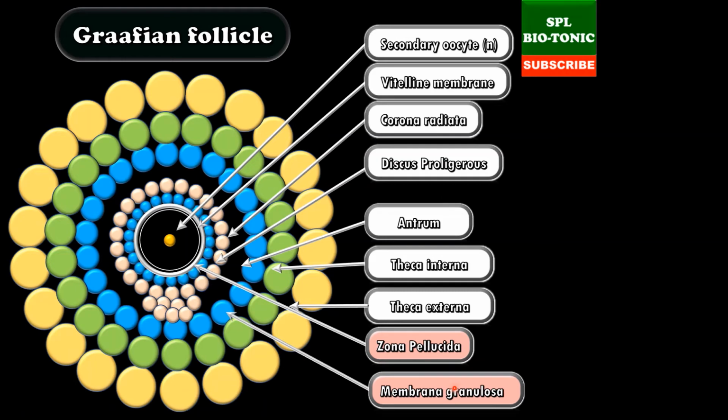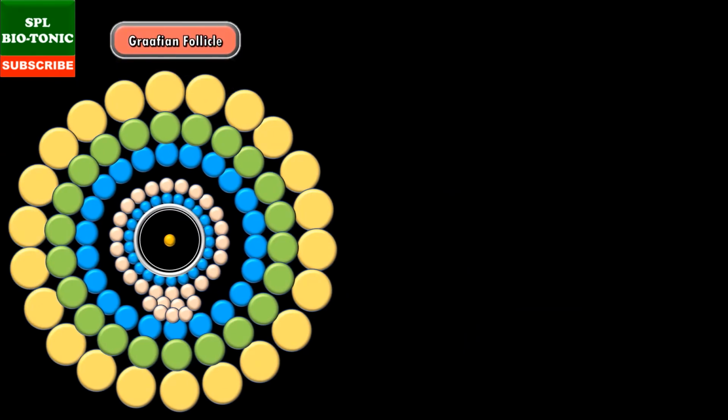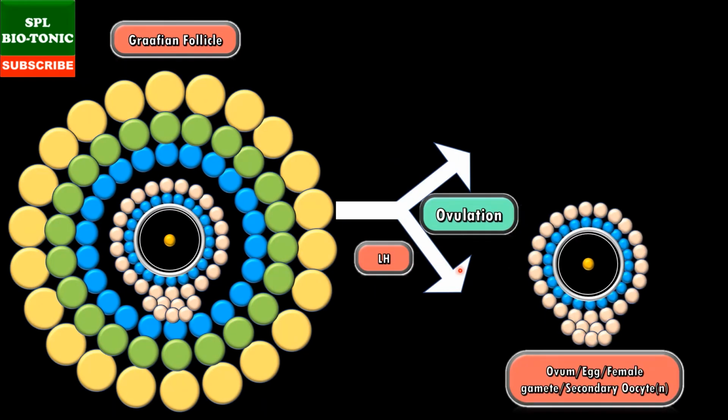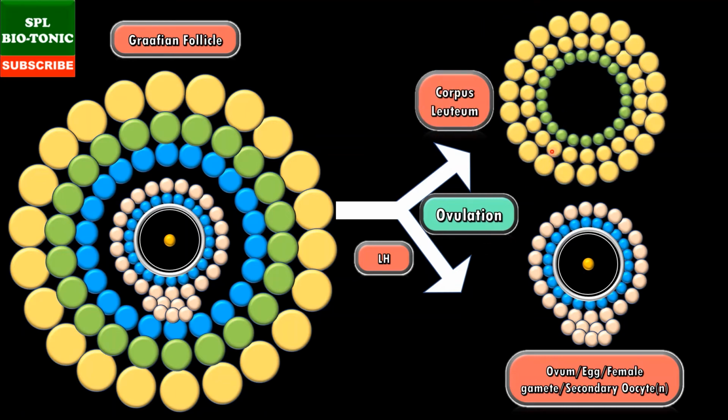Once the follicle is fully matured, the ovum is released from the Graafian follicle. This process is called ovulation. It is controlled by a hormone called LH or luteinizing hormone. The empty Graafian follicle is now called corpus luteum, which starts producing progesterone.